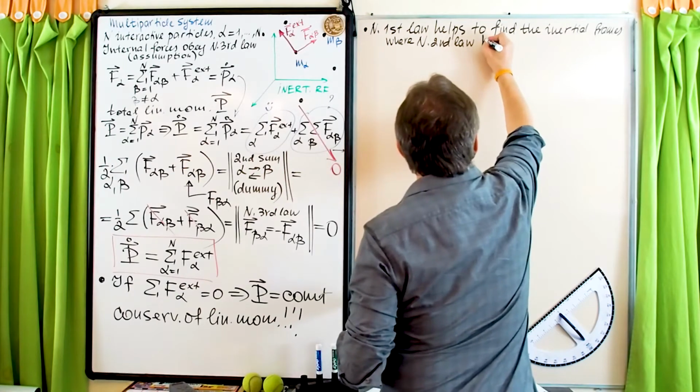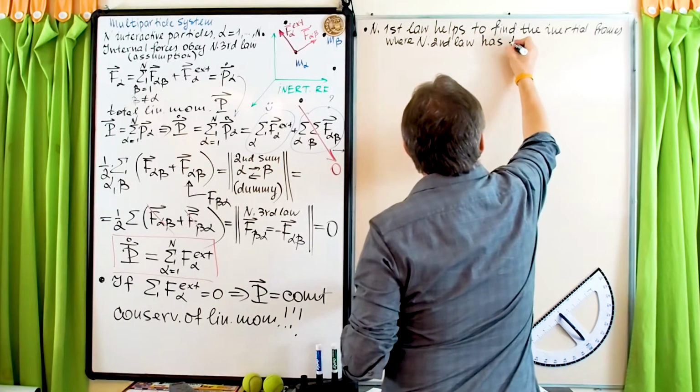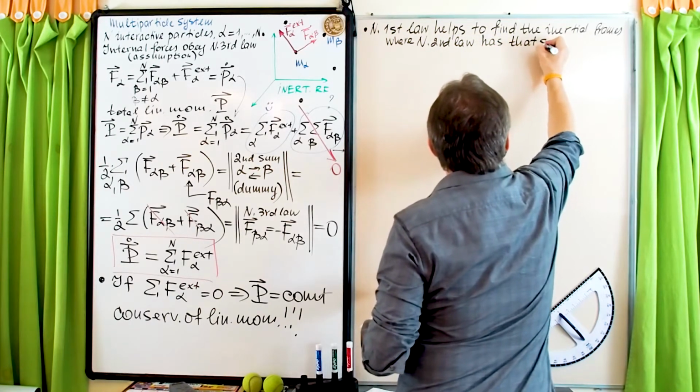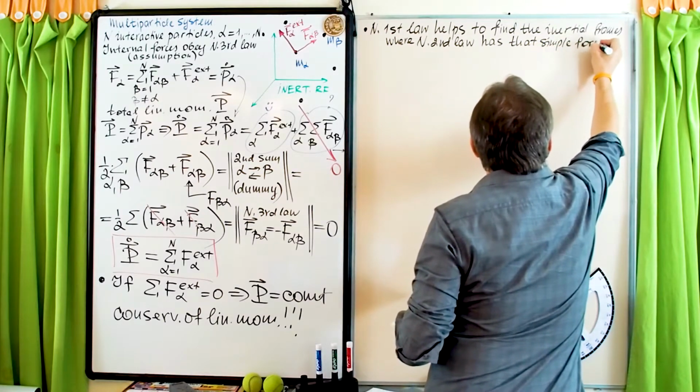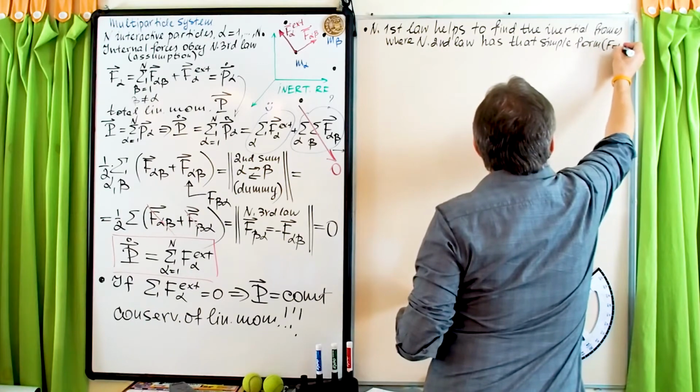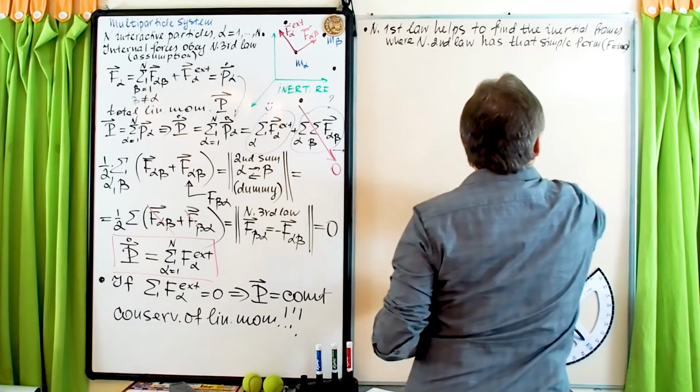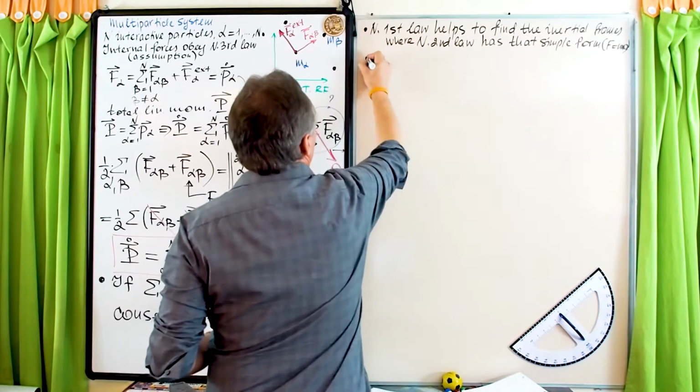Of course it can be used also to define them. Yeah, F equals ma, running out of space. So that's the beauty of the first law.